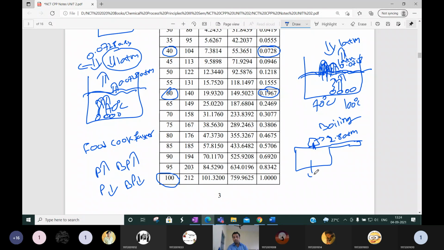The boiling point of, suppose we say water. Here inside this water, generally we are preparing rice and water, no? Water is there. So here we are applying higher pressure to this water. So what will be the boiling point of water? It will be more than 100 or less than 100?